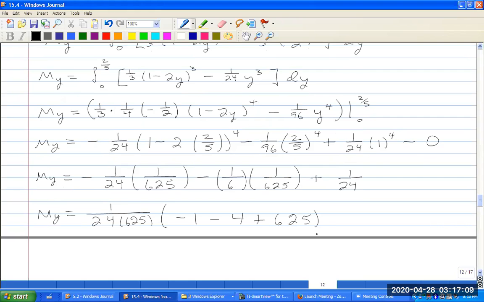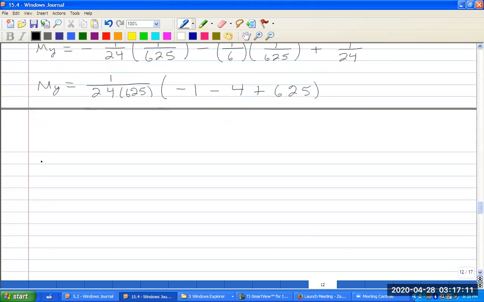So this is equal to the moment around the y-axis is, well, 625 minus 4 minus 1 is 620.